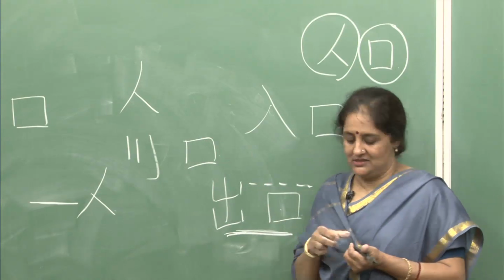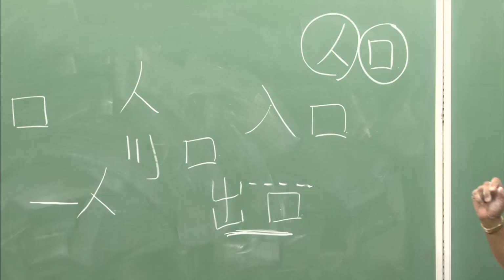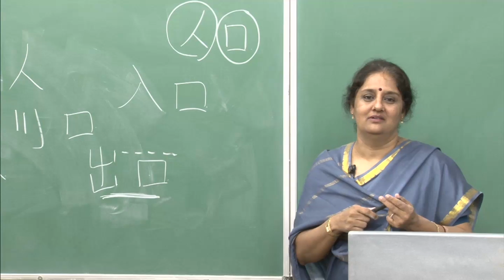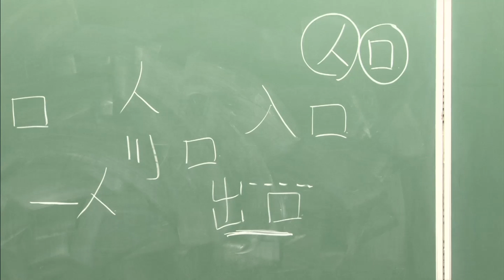So, when you see this written, of course, the reading is Kawaguchi for a name, but when you see this written, what comes to your mind? Well, you can easily say that this is mouth of a river, the source of the river, where it is coming from. So, this way kanjis are quite interesting.